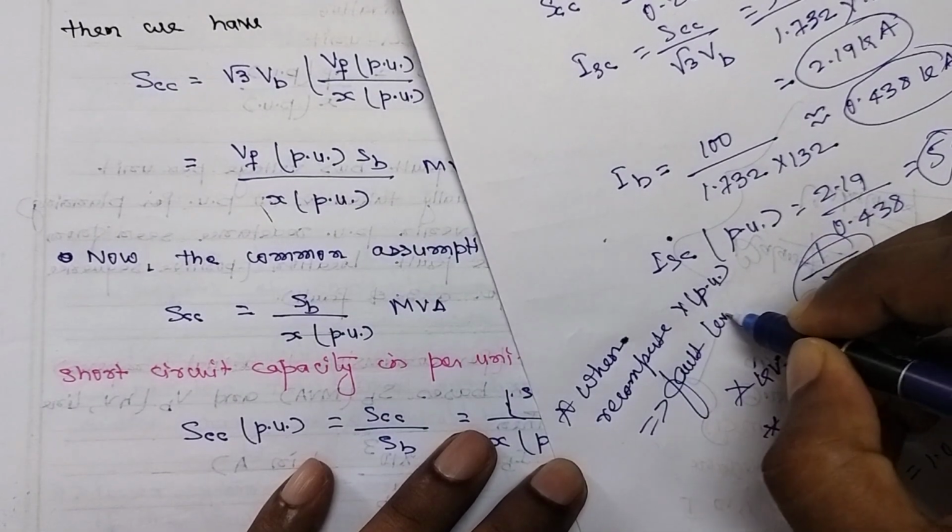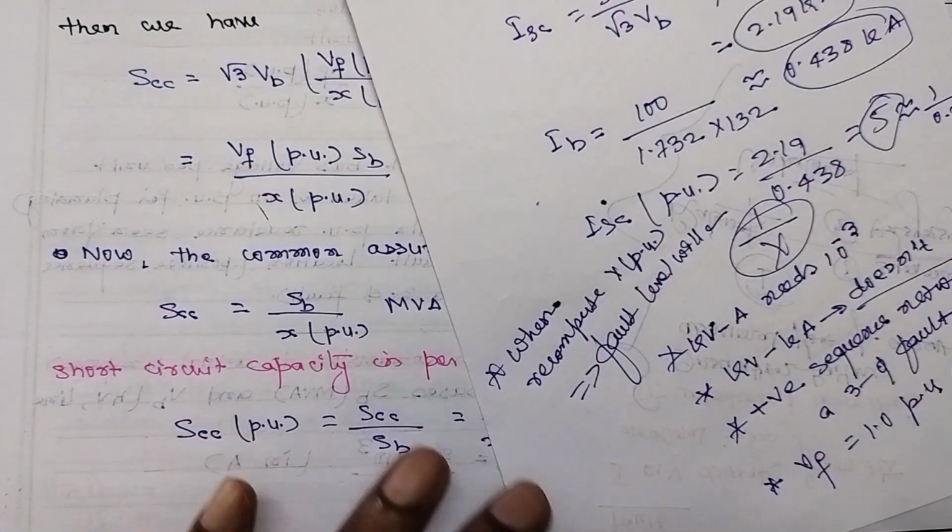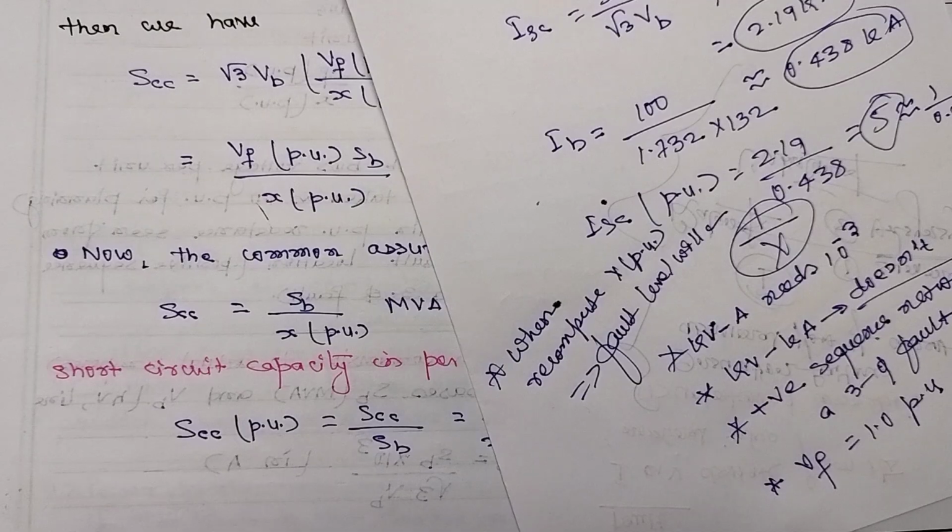Mind the units, the sequence network, the 1.0 per unit voltage assumption, and remember that adding sources in parallel lowers X and raises the fault level. What I told you, always remember, when we add sources in parallel it lowers X and raises the fault level.